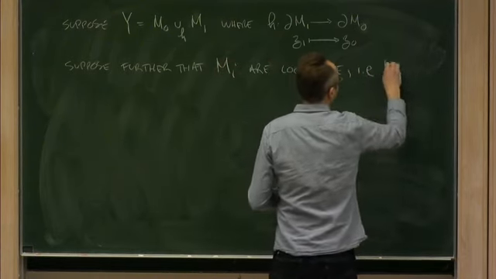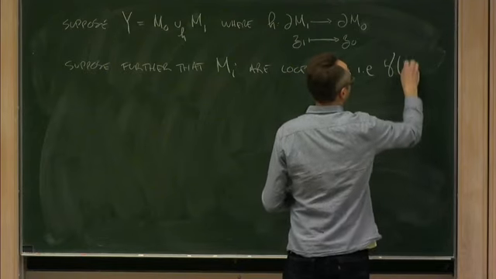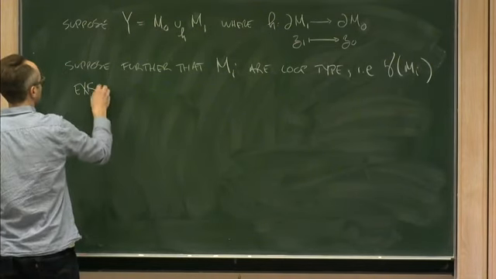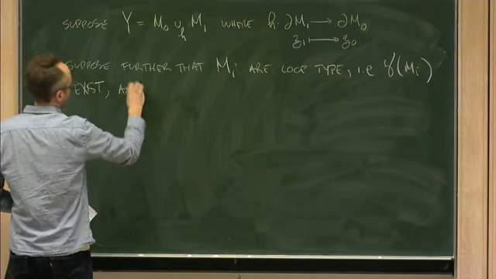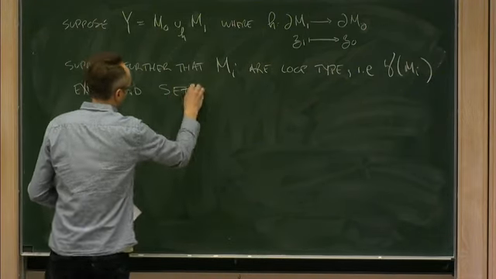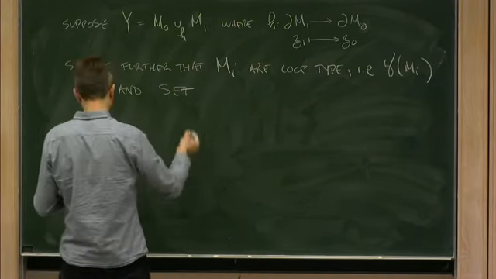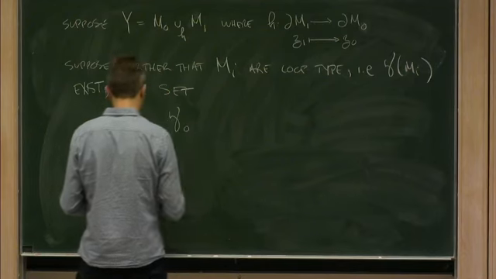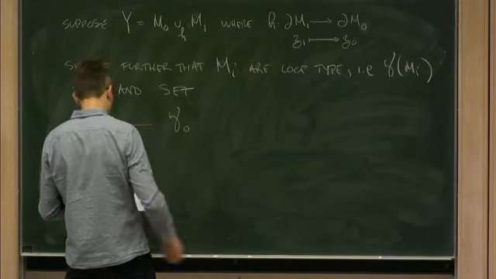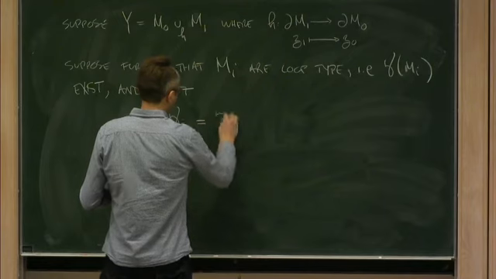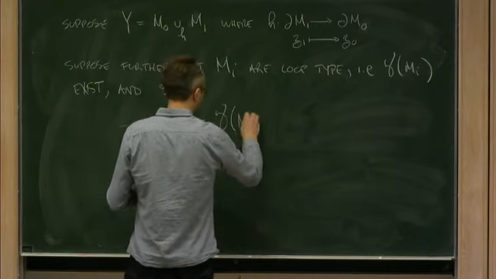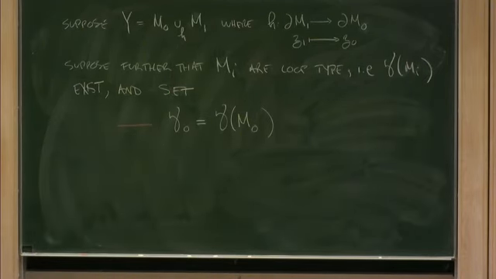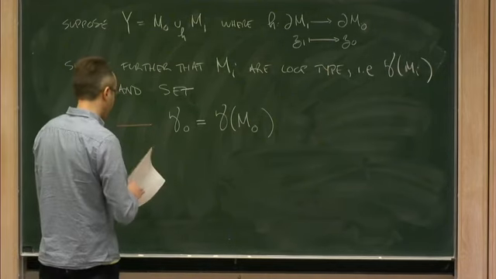What does that mean? I.e., the gamma of Mi exist, and from that, let's set gamma 0. So this is going to be my red curve. That should just be gamma of M0. Red curve, I'll interpret that as the A-type curve.